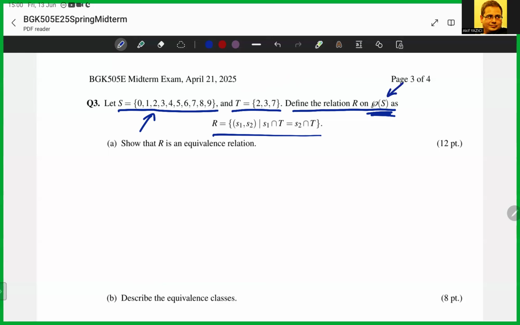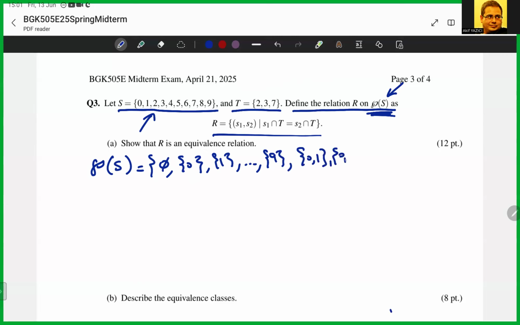Instead, the power set of S is the carrier set. Okay, so the power set of S would be the empty set and then the singletons up to 9. Then the subsets with 2 elements, 0, 1, 0, 2, up to 8, 9.